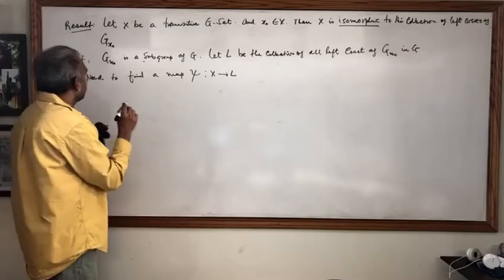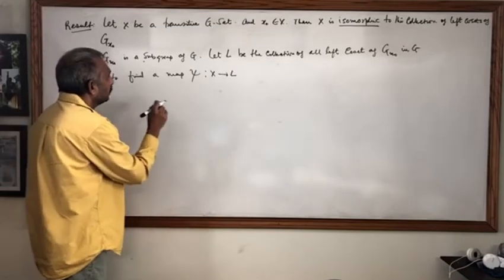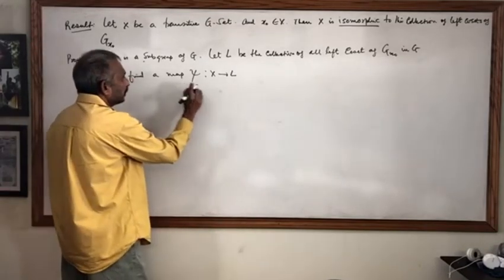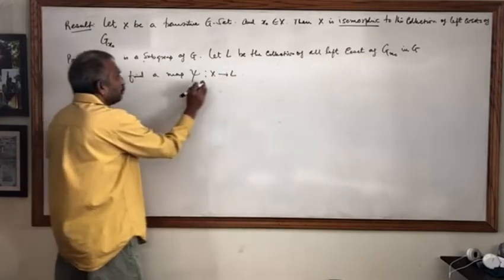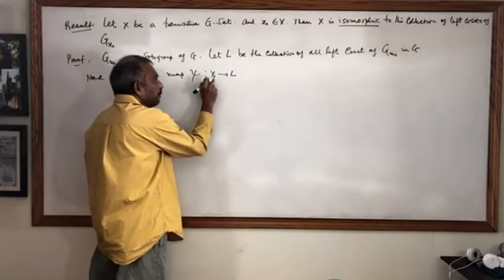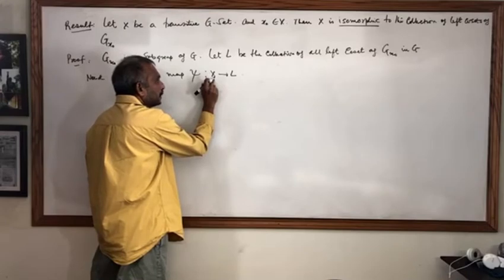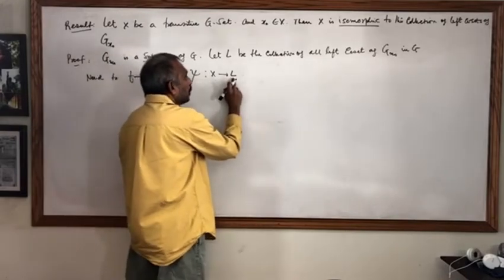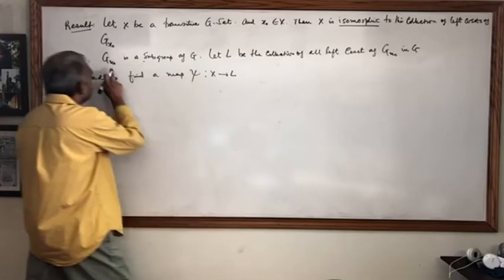So what is the definition of this function? We need to take an element from X and map it to a coset of Gx0.